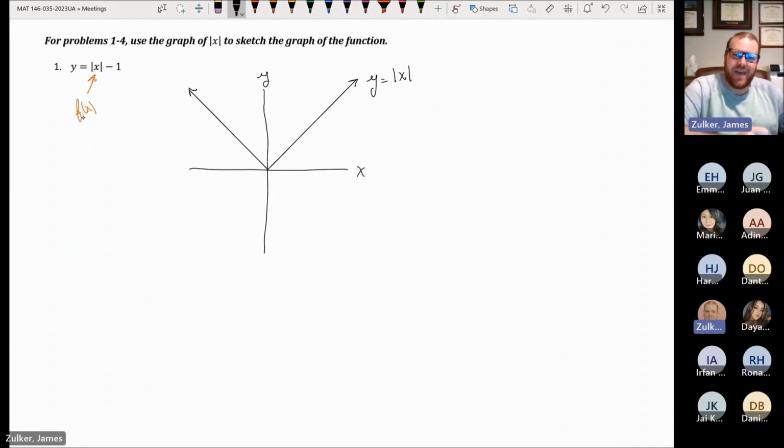So first we evaluate f of x. That gives us the range. Then we subtract 1. So this winds up being a vertical translation down by 1 unit. I have an example of that coming up.